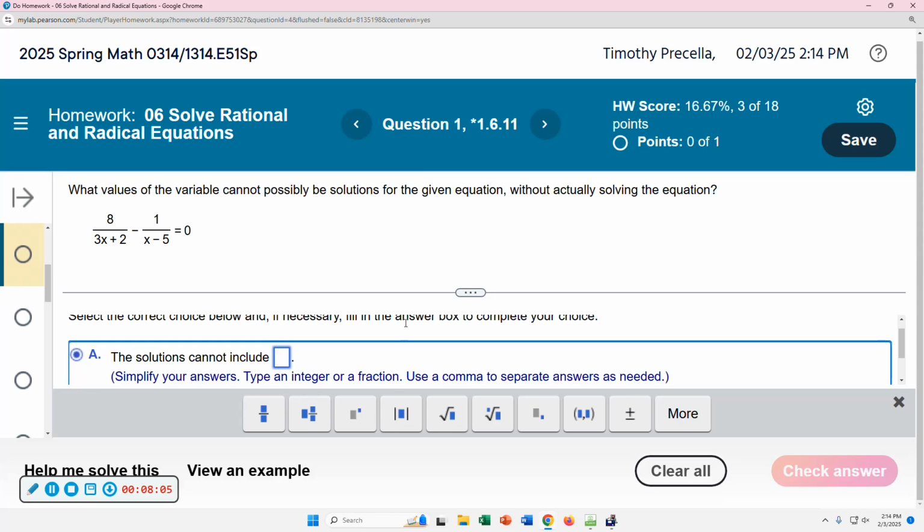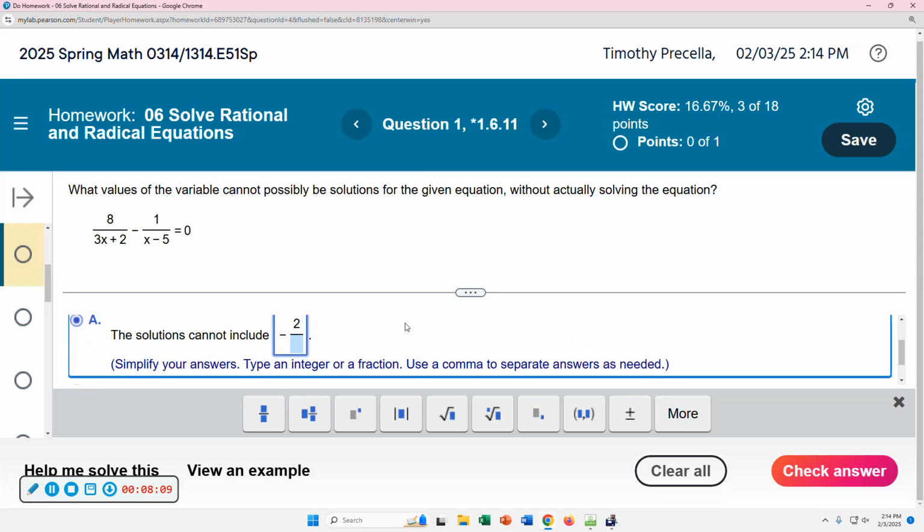Type in the answer, negative 2/3. The solutions cannot include the fraction negative 2/3. You need a comma. Do not put the comma in the denominator. Even though some nice programmers have done you a favor and they allow it for certain problems, once we get to the interval notation problems that are coming up very soon in 1 week's time, if you start putting commas in the denominator, everything is wrong.